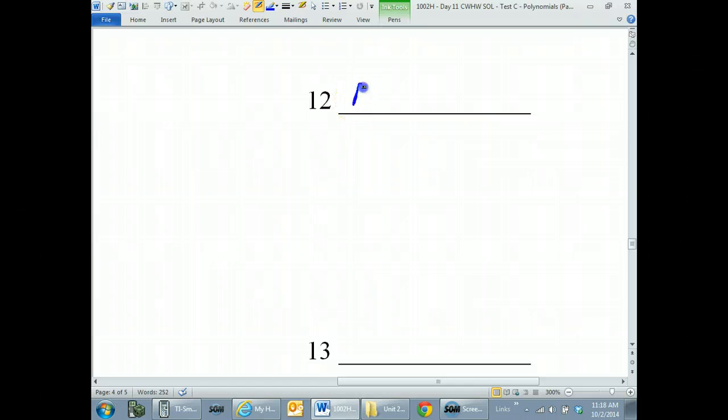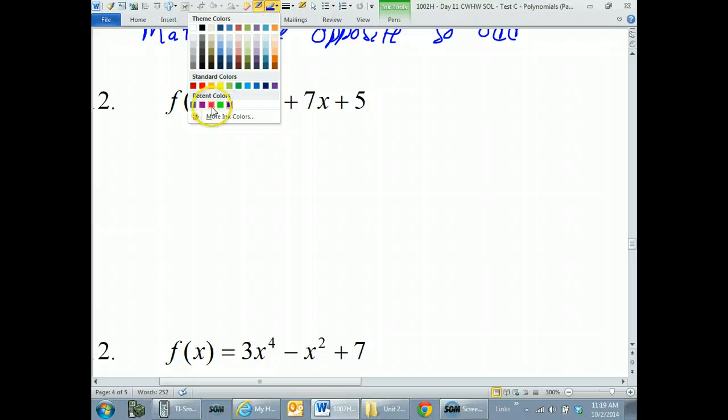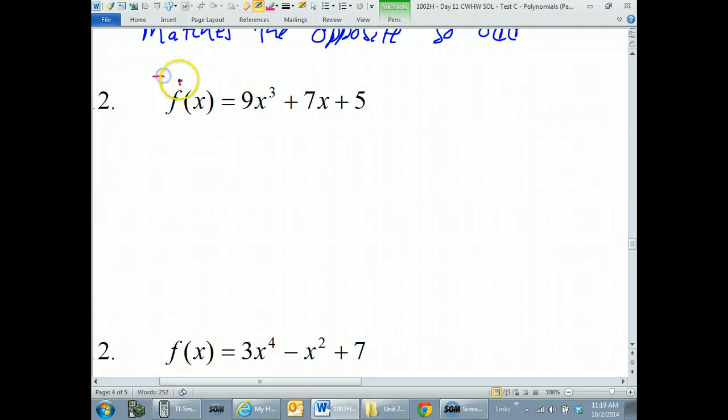So we know it's going to be neither because it has that mixture of evens and odds. But we do have to go ahead and prove it algebraically. I'm going to do it as fast as I can, though. So first we do the opposite function, negative f of x. Distribute that negative sign, which gives you negative x to the third power minus 7x minus 5.